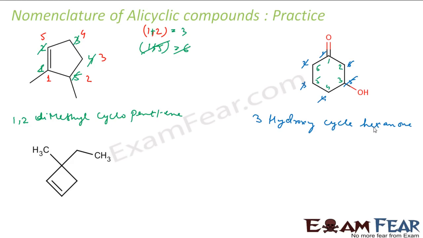So there are various ways of naming it. So here we have an ethyl alkyl group, least priority. Then I have alkene group, more priority. So let's name in this fashion 1, 2, 3, 4. Let's name in another way also: 1, 2, 3, 4.